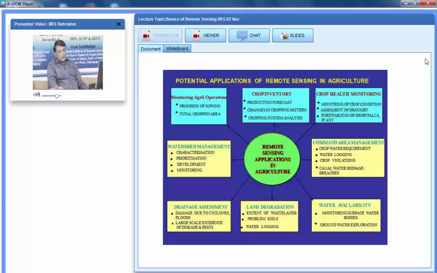This kind of information is very vital for making decisions related to drought assessment, and also with respect to agro advisory.